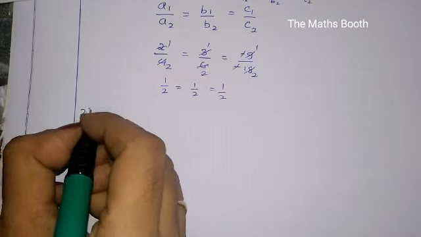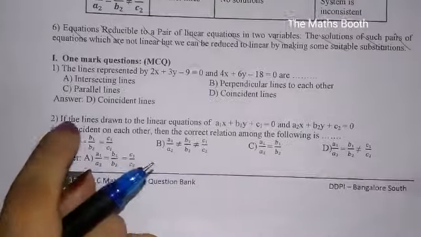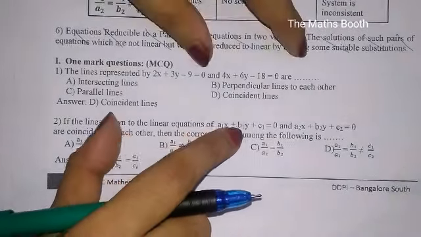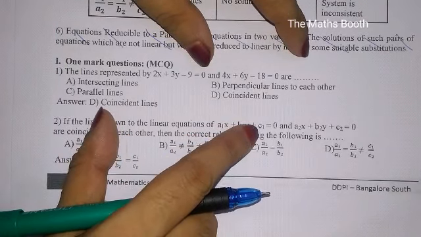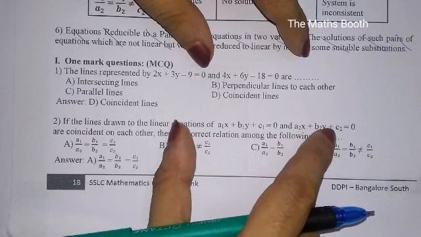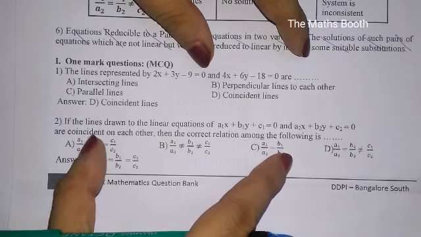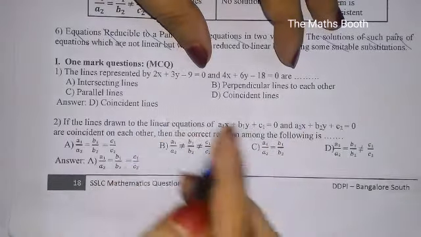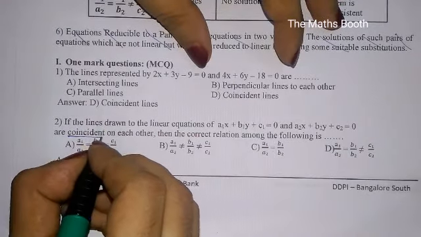Now the second one. If the lines drawn to the linear equations a1x plus b1y plus c1 equals 0 and a2x plus b2y plus c2 equals 0 are coincident on each other. See, they have asked in the reverse way. The condition coincident they have given.